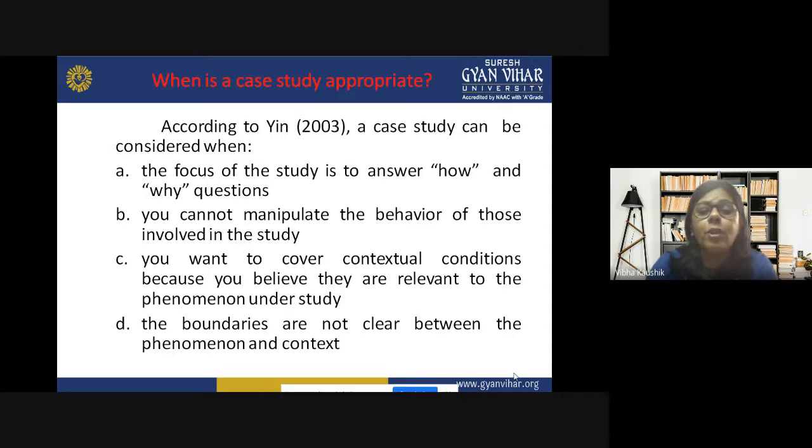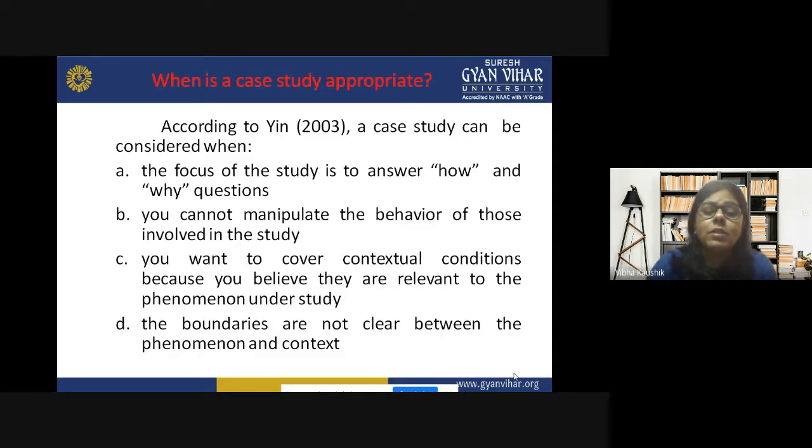You cannot manipulate the behavior of those involved in the study. Means when you are talking about the case study approach, you cannot manipulate the behavior of those individuals who are involved in this particular study. You want to cover conceptual conditions because you believe they are relevant to the phenomena under study.